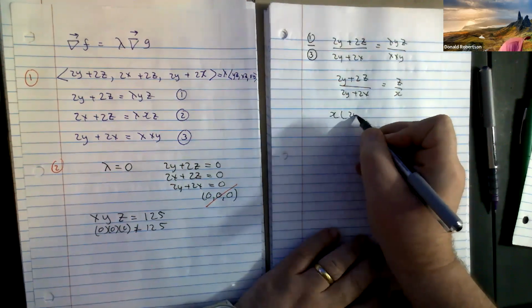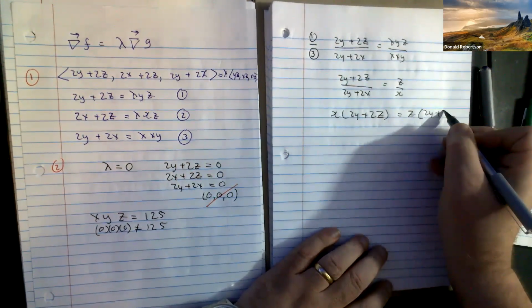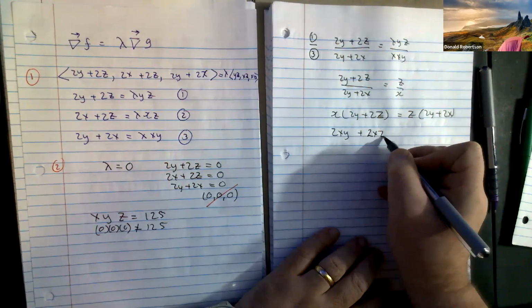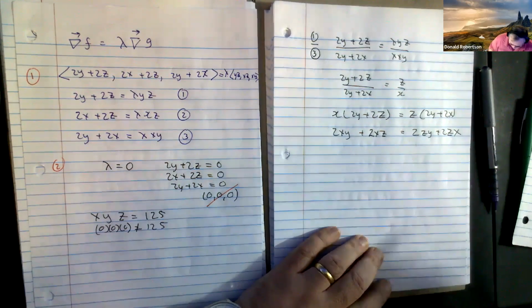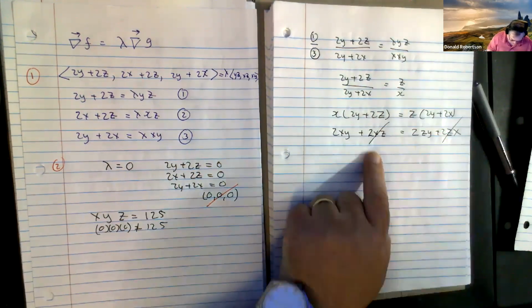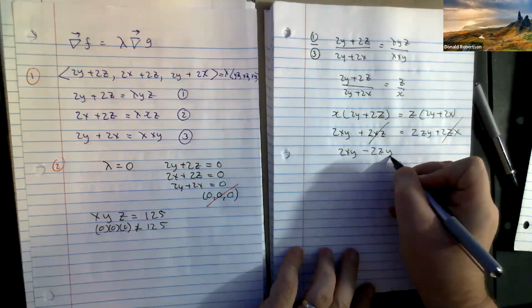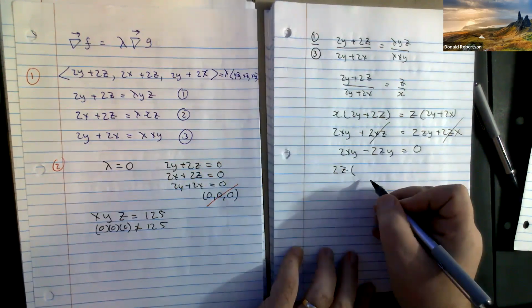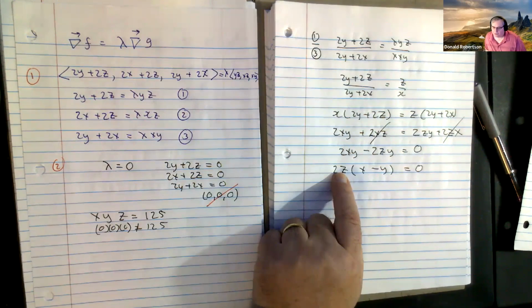If I do a cross multiply, if I distribute, do you see that the xz's cancel? And so 2xy take away 2zy equals 0. If I pull out the 2z as a common factor, I get x take away y. We've already been through this. Z equals 0 is not going to work. It's just physically not a solution.